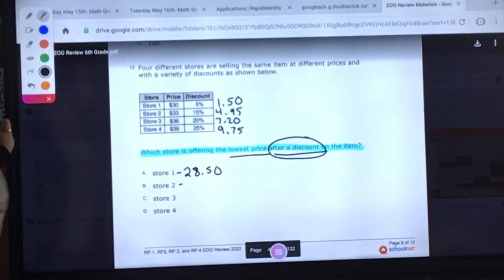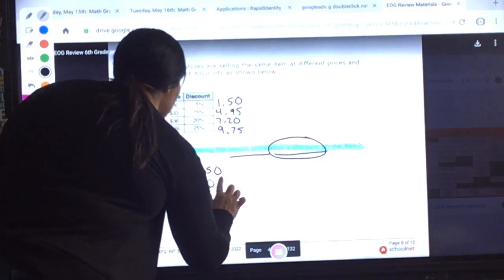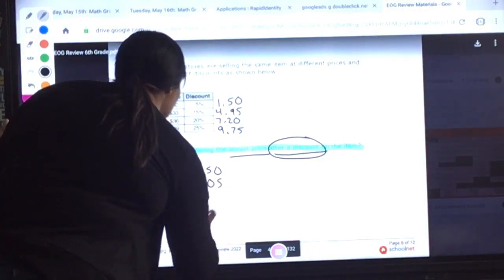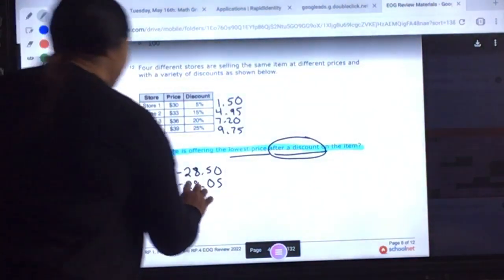Raise your hand, tell me what you get. William. $28.55. So $28.05. All right, store number 3, 36 minus $7.20. What do you get? 28.8.